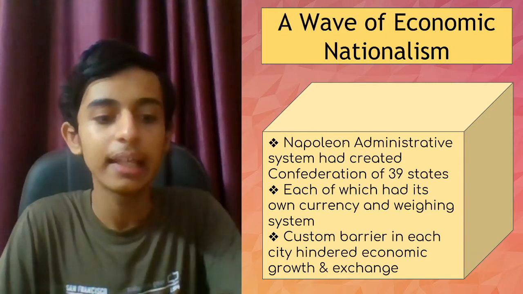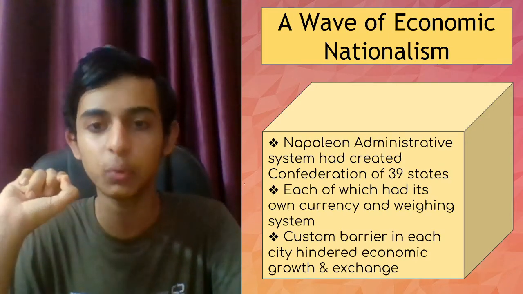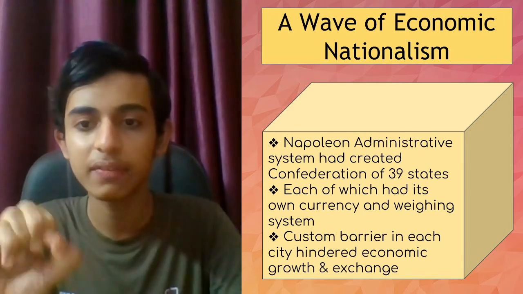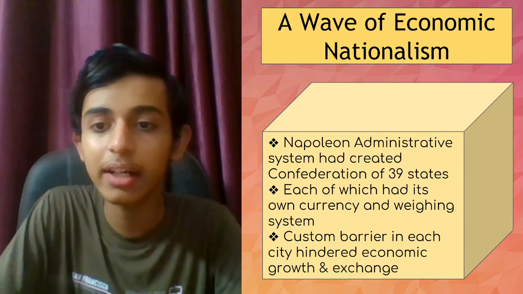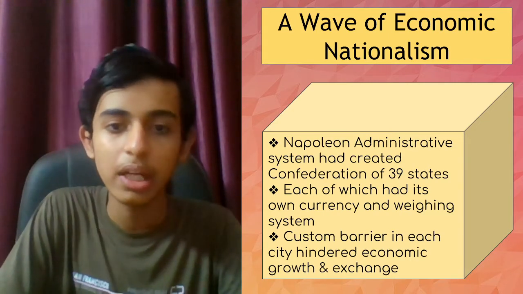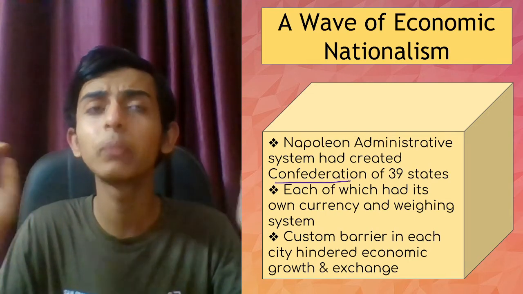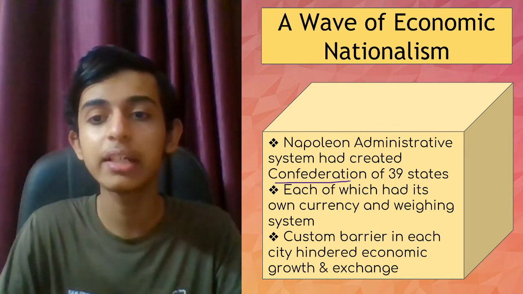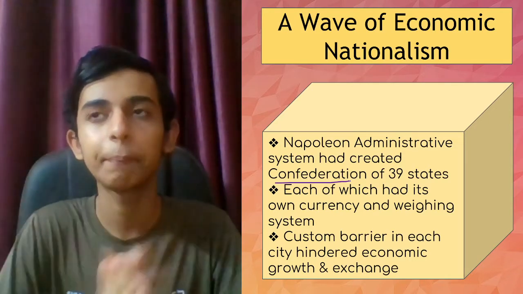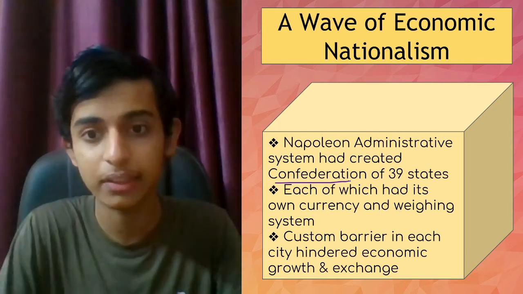Let's move ahead. Now, a wave of economic nationalism. Very, very important. Try to concentrate over here. Now, we all know that Napoleon's administrative system had created a confederation of 39 states. When Napoleon used to fight, he used to collect those states, you can say seize those states.